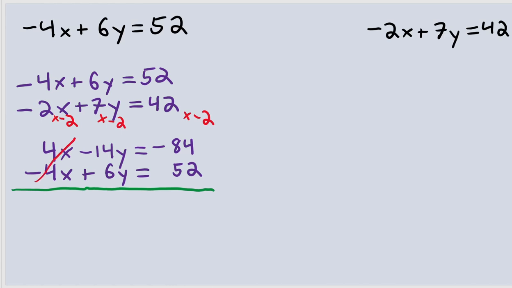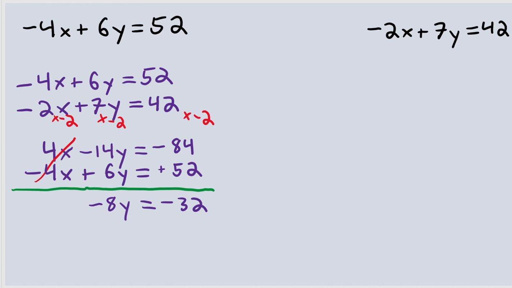Then I have negative 14y plus 6y, that becomes negative 8y. And now I have negative 84 plus 52. So all I have to do is work that out, and it will give me negative 32. Don't forget that's a plus there. Okay, so negative 32.